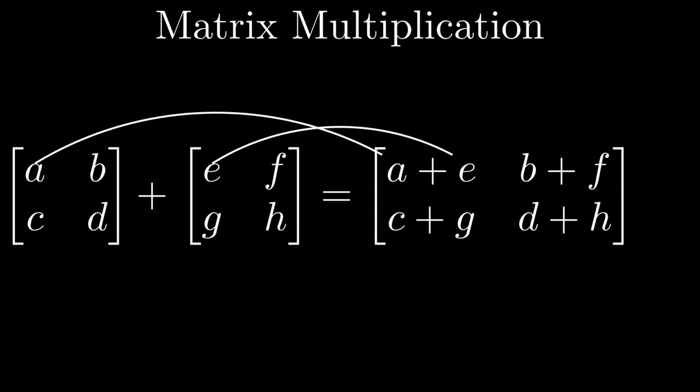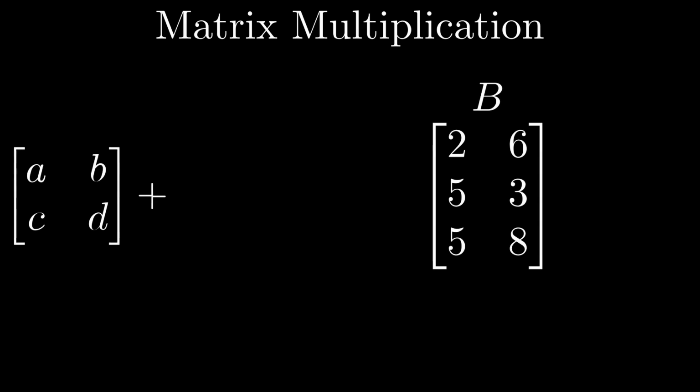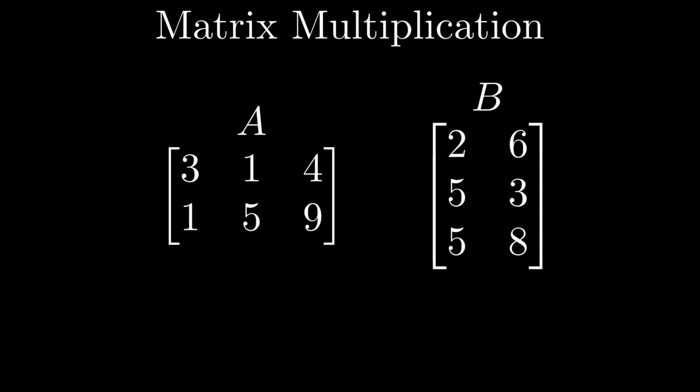Matrix multiplication is a bit more complicated. Instead of being done element by element, like addition, it's done by column and row. Let's look at how you can multiply this matrix A and this matrix B. First, you need to make sure that the internal dimensions of the two matrices you're multiplying are the same.